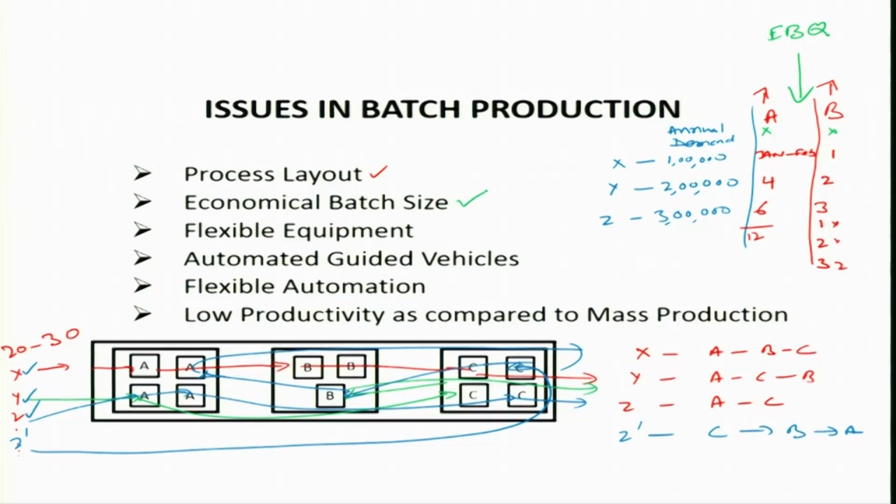That is called economic batch size, the batch size for which the total cost of carrying inventory and the cost of changeover is minimum. So, I hope you understood the concept of batch production, that is why the process layout is very important and why the decision of economic batch quantity is very important.